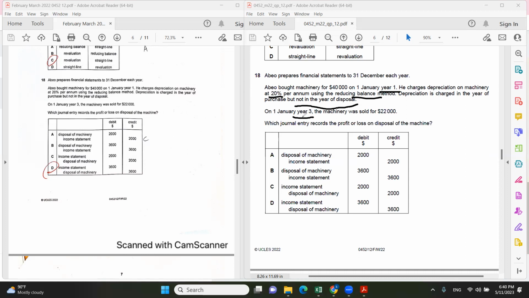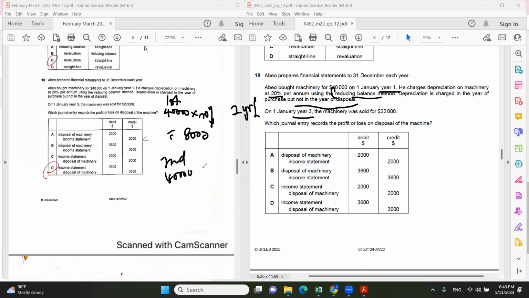So on the 1st Jan, year 3, the machine was sold. That means how many years did he use the asset? He used it for 2 years. So the calculation for this one is the first year, 40,000 times 20%. So we get 8,000. Second year, we want to calculate depreciation because this is a reducing balance method.